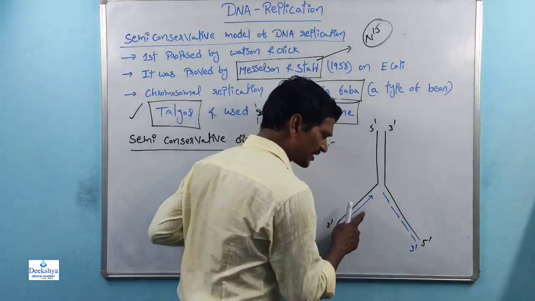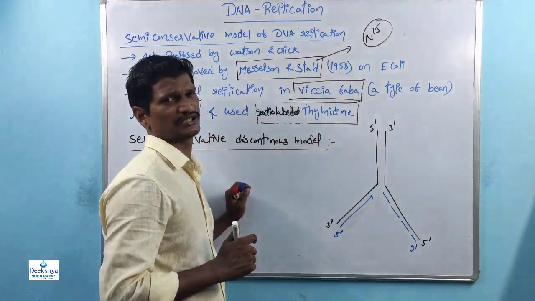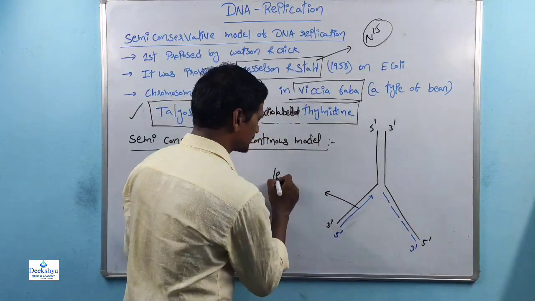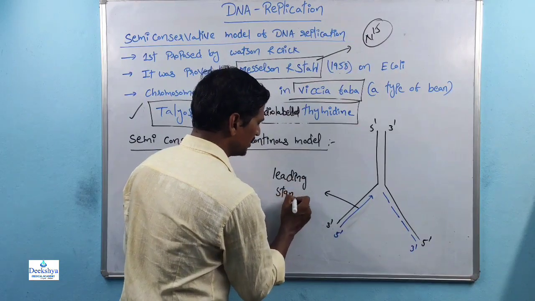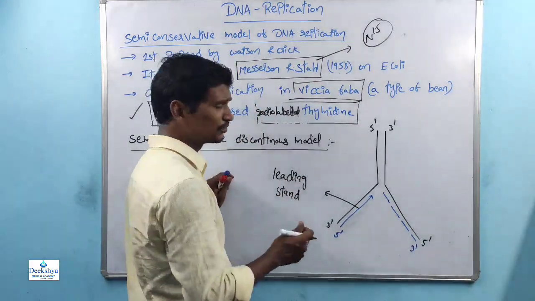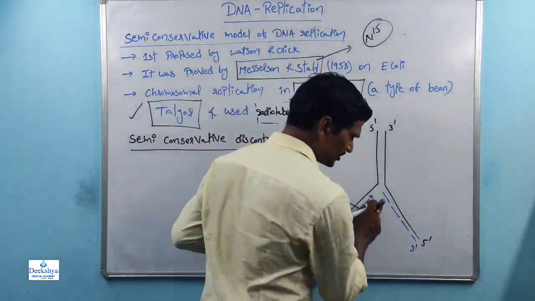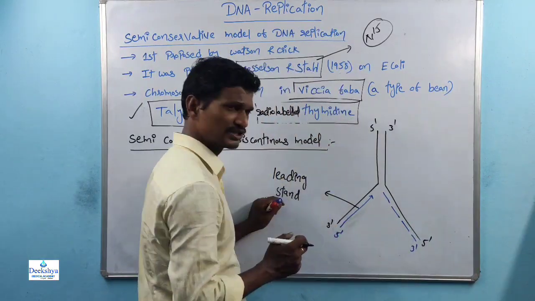During the DNA replication process, one of the strands is continuously synthesized. This strand is called the leading strand. And one of the strands is discontinuously synthesized. So one strand is continuously synthesized, another strand is discontinuously synthesized.